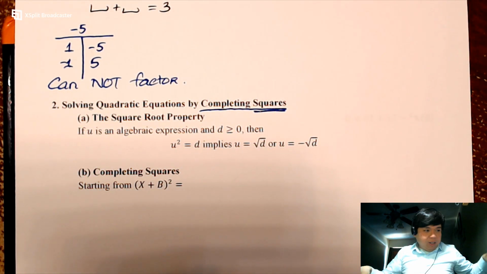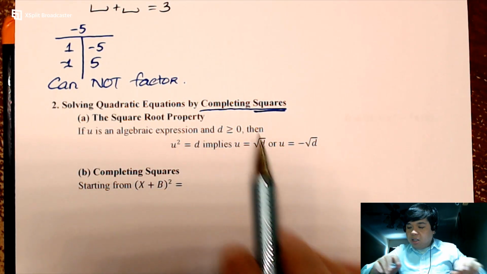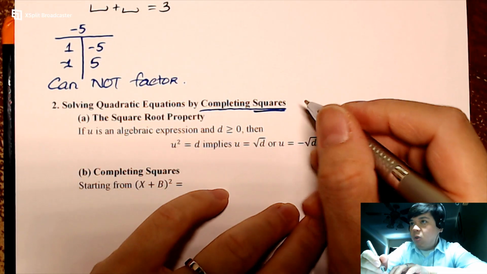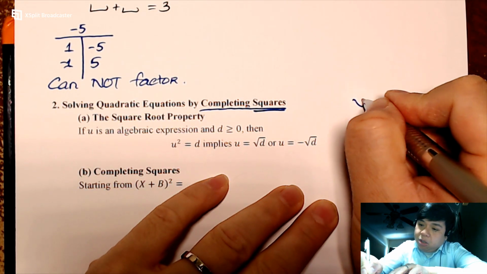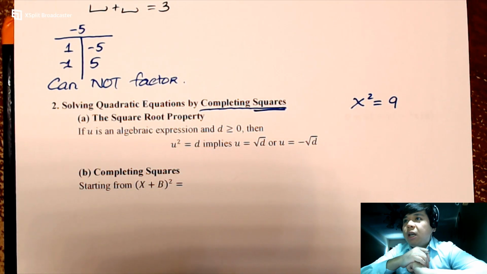And very important in this class, you see this many times. This is a square. If we have a square equal to a number, for example, if I ask you x squared is equal to 9, then what do you say? Okay, 3 times 3 is equal to 9, so that's good.